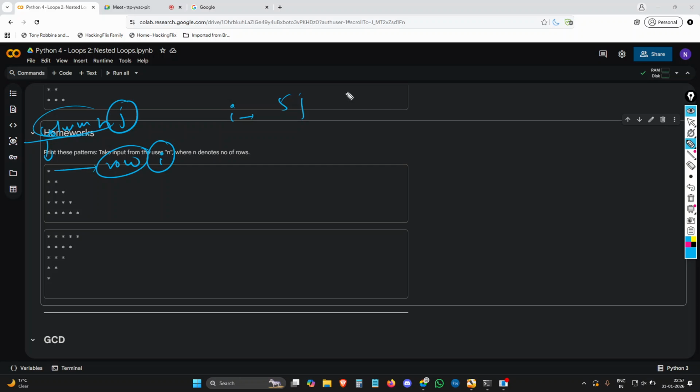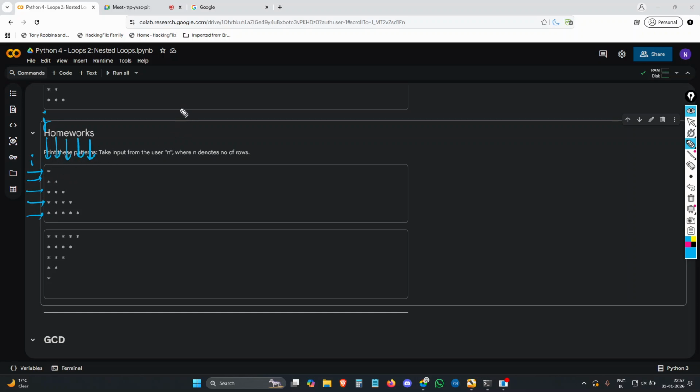Accordingly, according to the pattern, it changes. What is not visible here is that this is a j column. This is a j, and these are the i's. These are i's, and all these are j values.